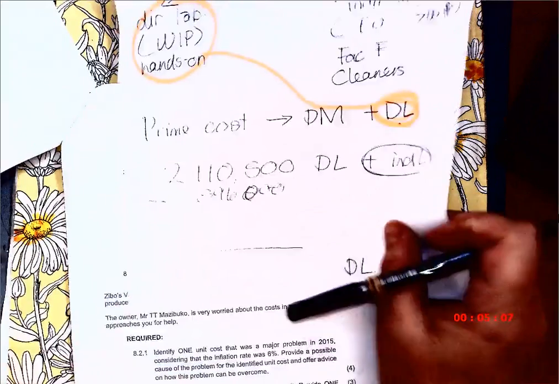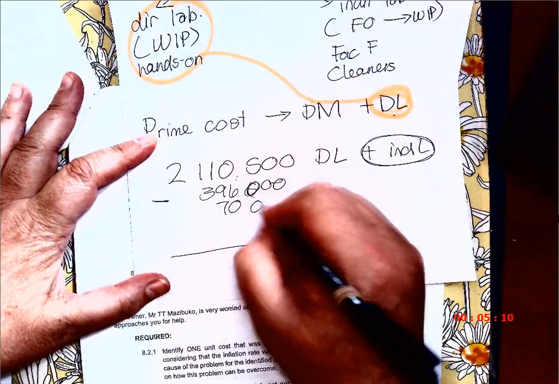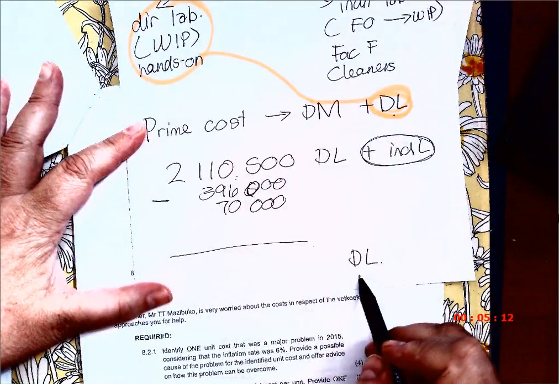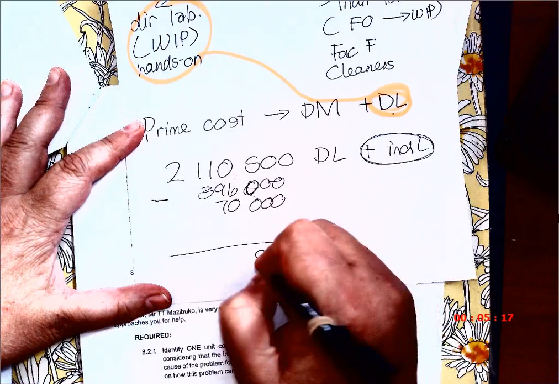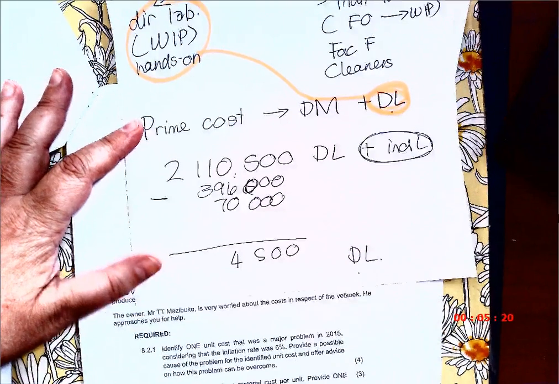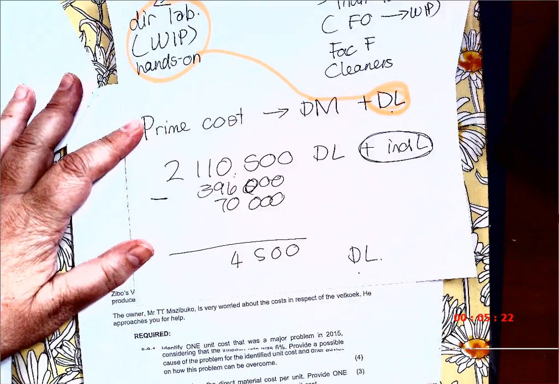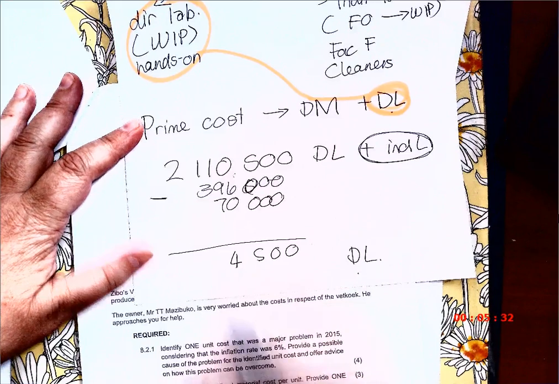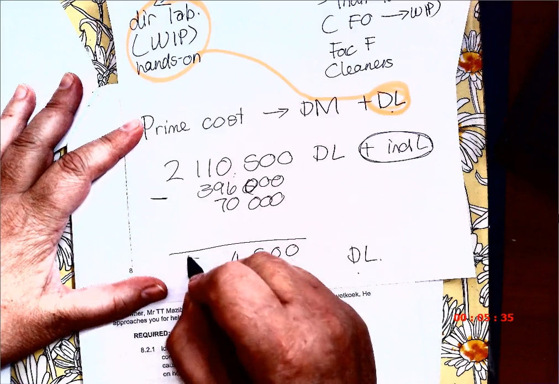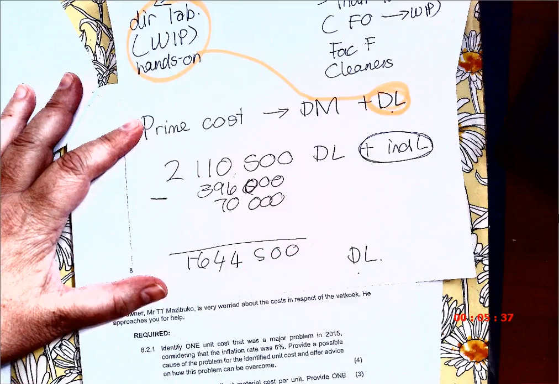I'm subtracting it here because I want to be left with the direct labor. Okay, so what is my direct labor then? 1,644,500. Okay, so that 1644 is my direct labor.